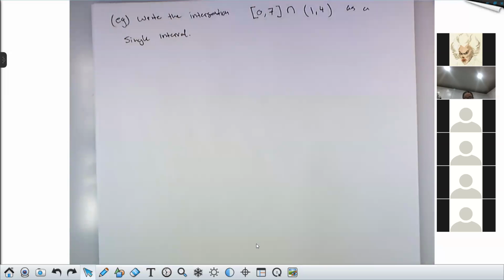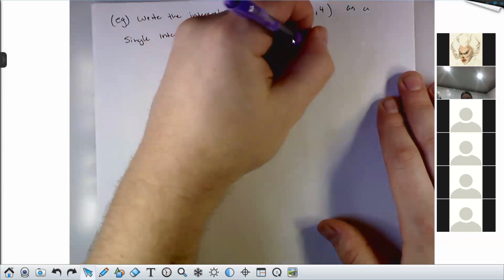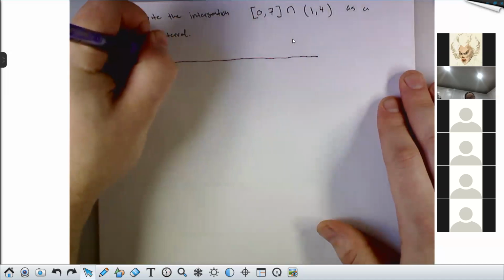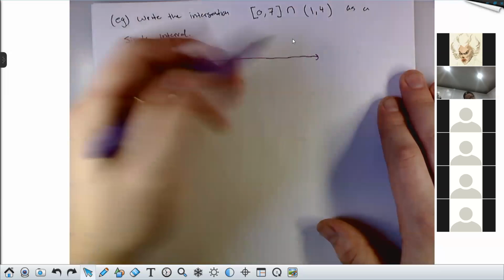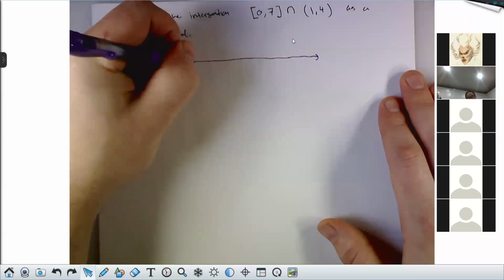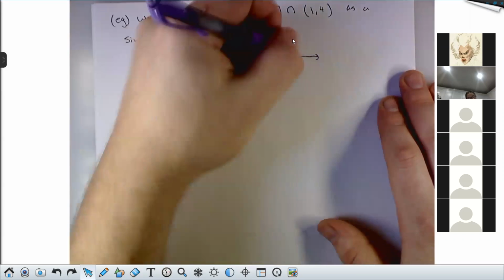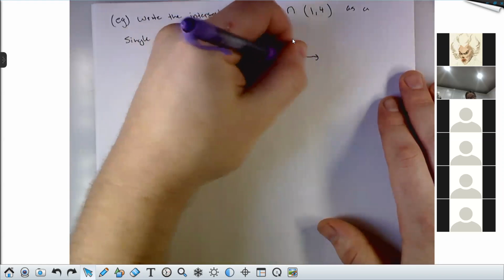So again, my suggestion for this sort of thing, anytime you're having to think about combinations of intervals, would be to sketch them on the line. Zero is the smallest number in any of these, so I'll put 0 over here on the left. 7 is the largest number in any of these, so I'll put 7 over here on the right.